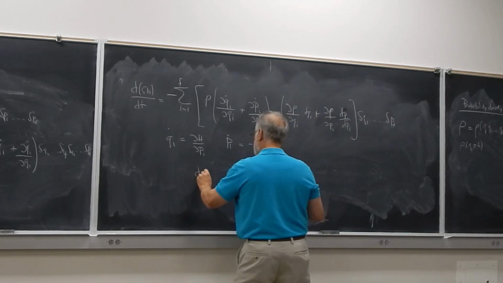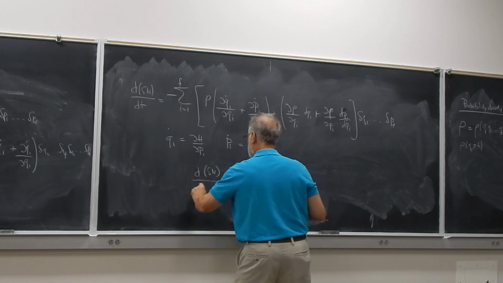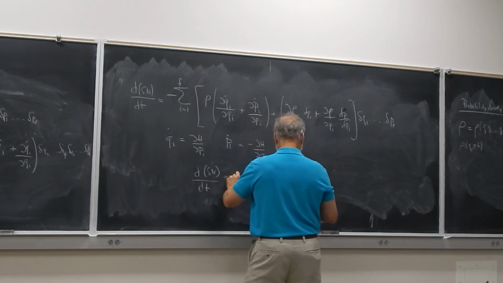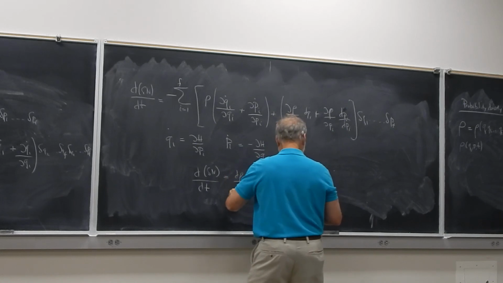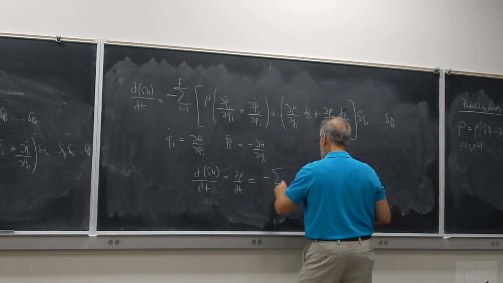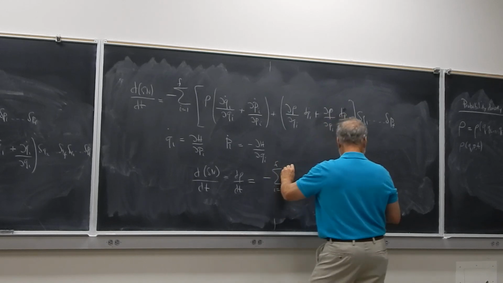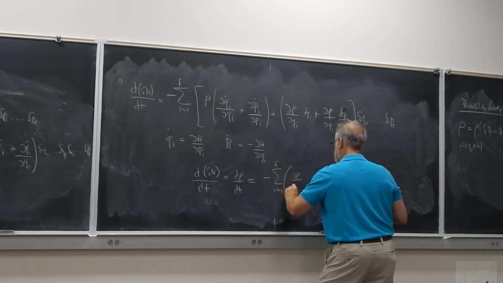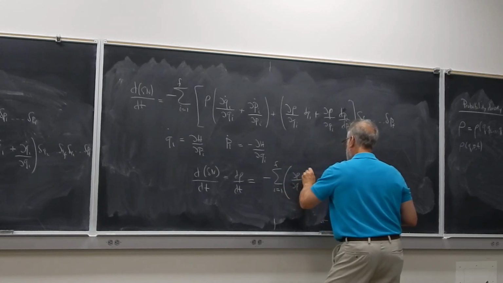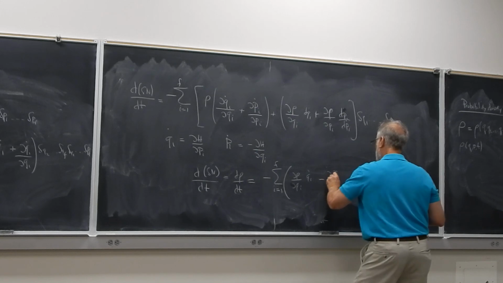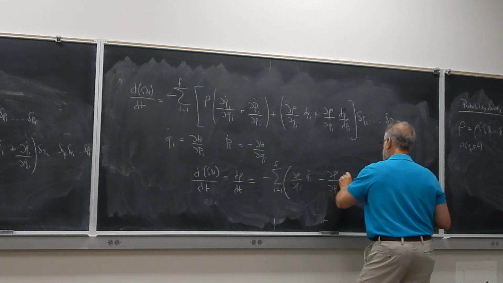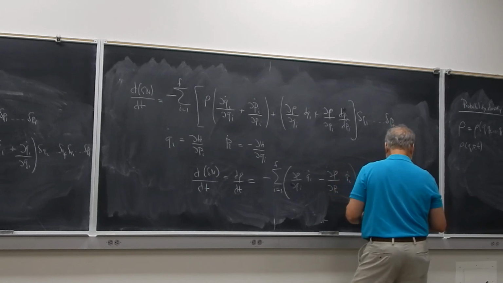So we can write d delta n dt is equal to d rho dt is equal to minus the sum, i equals 1 to f, of d rho dqi times qi dot minus d rho dpi times pi dot.